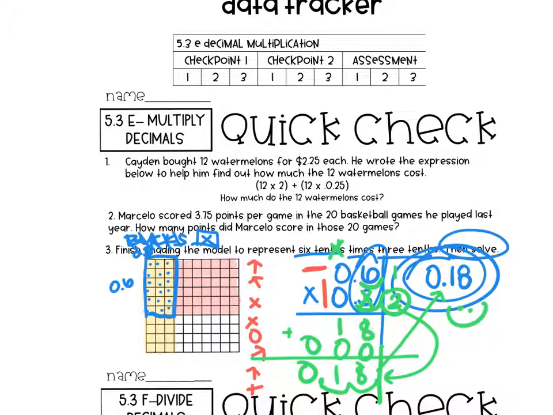If you only got 1 right or 0 right, you are at 1, which is approaches, meaning you need to go sign up to come visit me on Friday to practice some more on multiplying with decimals, okay? I know we just learned this concept, but it's a very easy concept because we know how to multiply. We're just adding a decimal, so I think the hardest part for us is to remember to count those eggs. So please remember to do that correctly, okay?